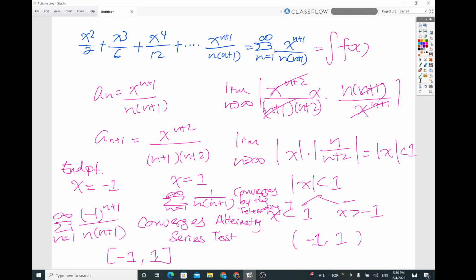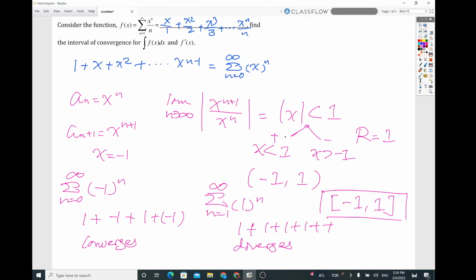So this one is slightly different compared to the derivative. So for the derivative, well, actually I made an error here. This one is negative 1 to 1, close parentheses.